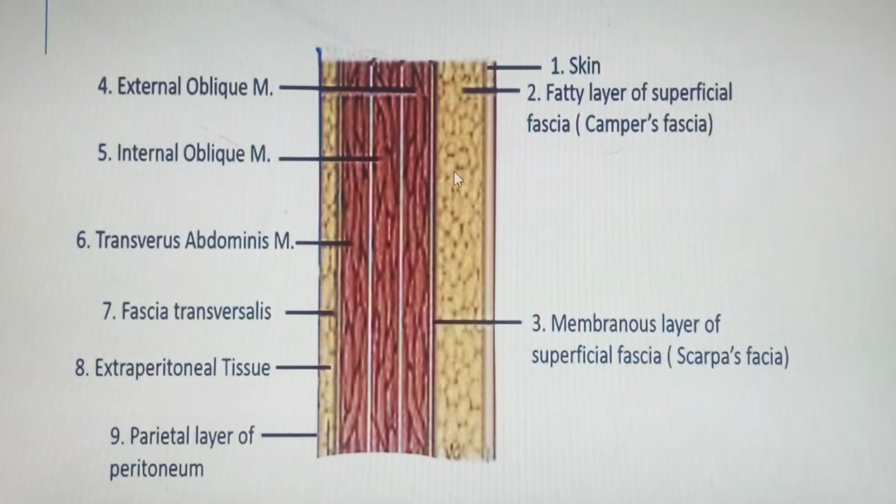As you gain more weight, the thickness of this Camper's fascia increases. Rarely does the extraperitoneal fat layer increase in thickness, although it may, but this one is the one which will almost always increase. The superficial fascia of Camper.